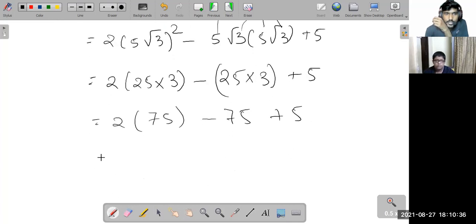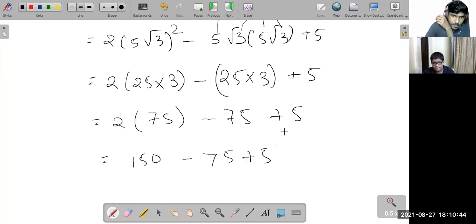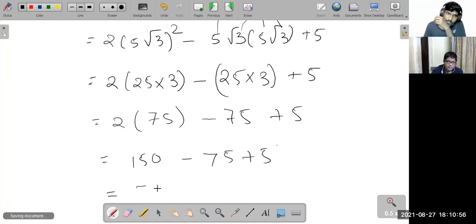So 2 into 75 is 150, and minus 75 plus 5. 150 minus 75 is how much? 75. 75 plus 5 is 80. So the answer is 80.